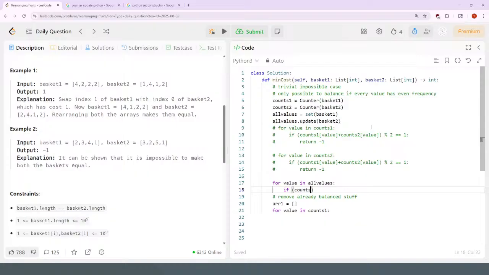I guess this was an issue before too. How did I have it originally? It counts 1. Oh yeah, it counts 1 and then updates the counter.